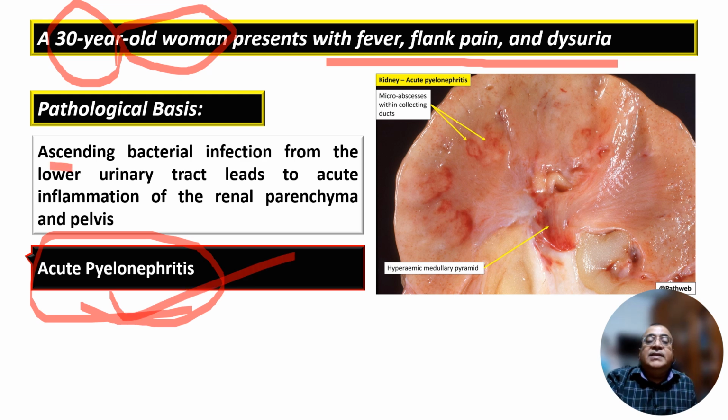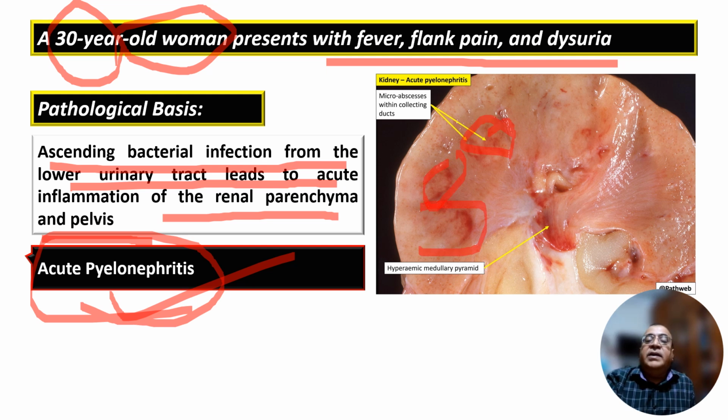That is ascending bacterial infection from the lower urinary tract to the acute inflammation of the renal parenchyma and pelvis. So here you can see some areas that are reddish, microabscess formation, and these abscesses are present within the collecting ducts. Also, the medullary pyramids are hyperemic.